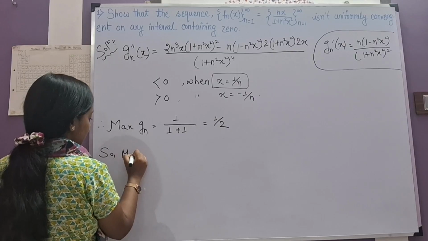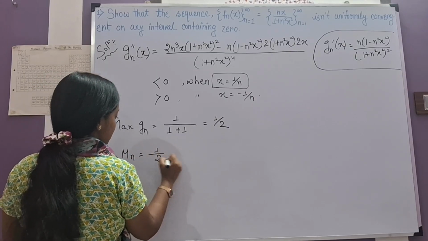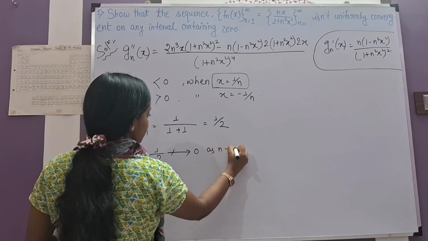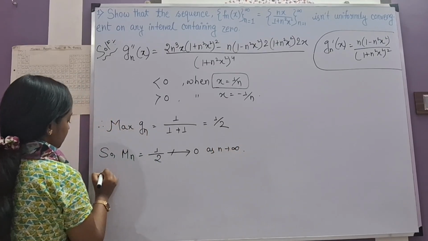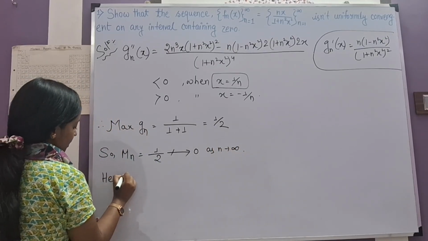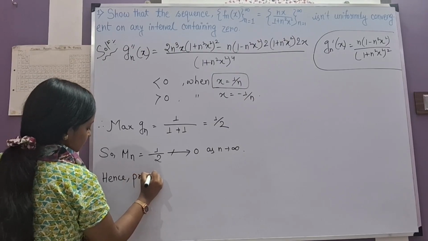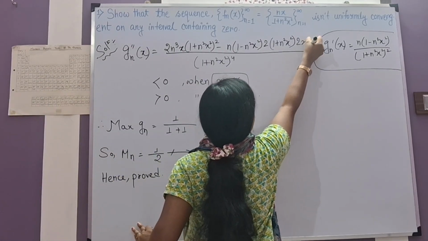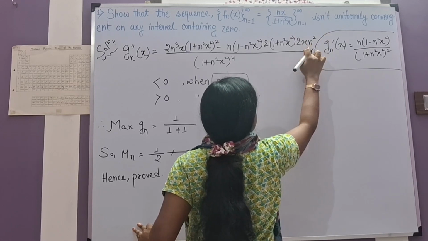So capital Mn equal to half, which does not tend to 0 as n tends to infinity. Hence proved. Sorry, here 1 by n squared will be there.